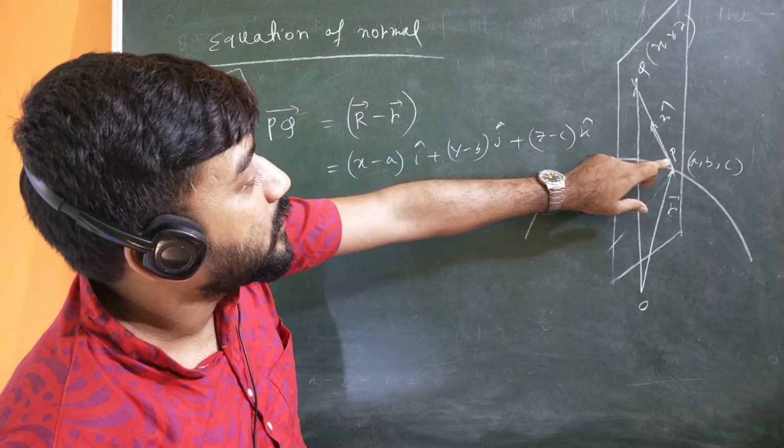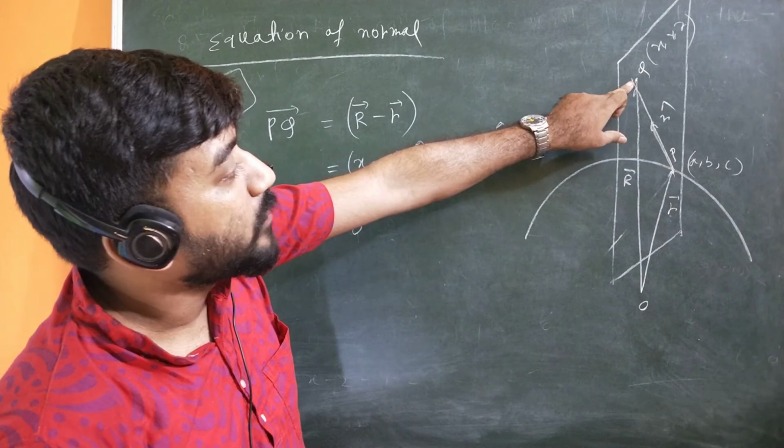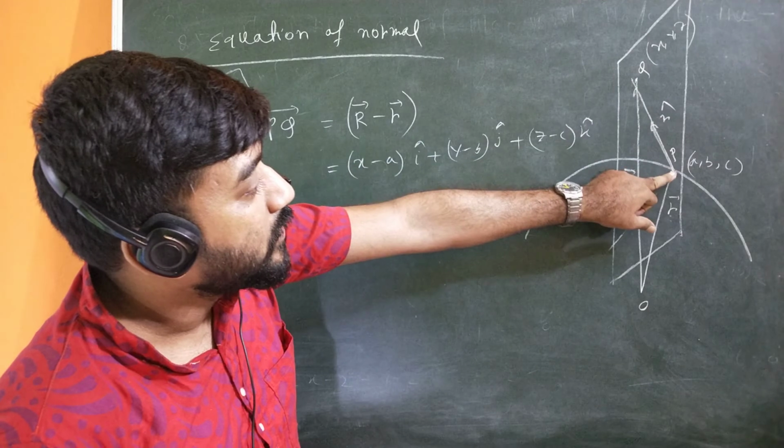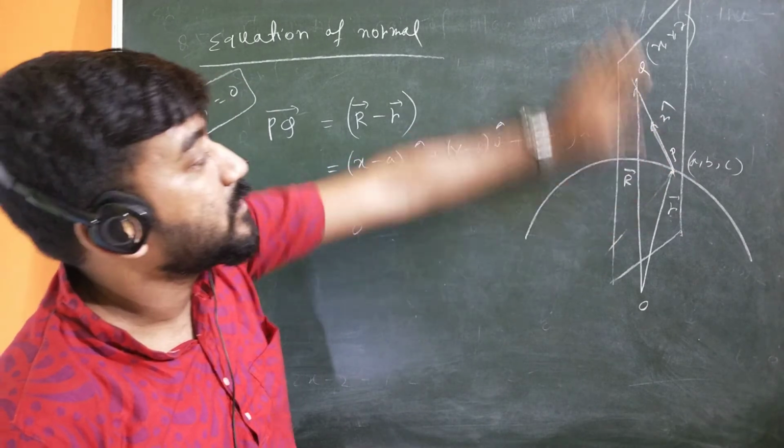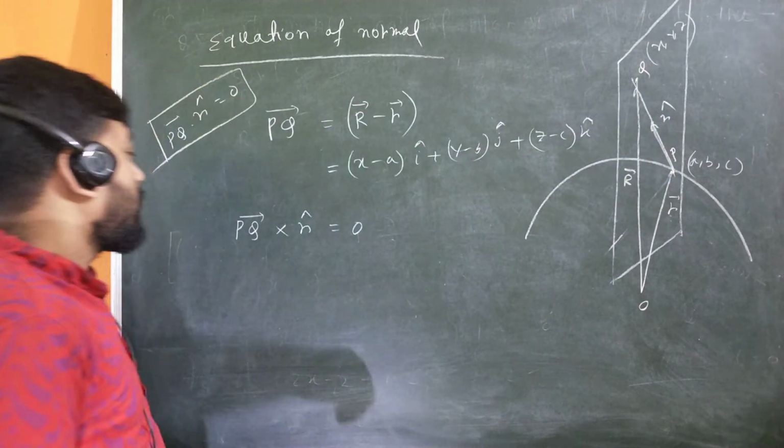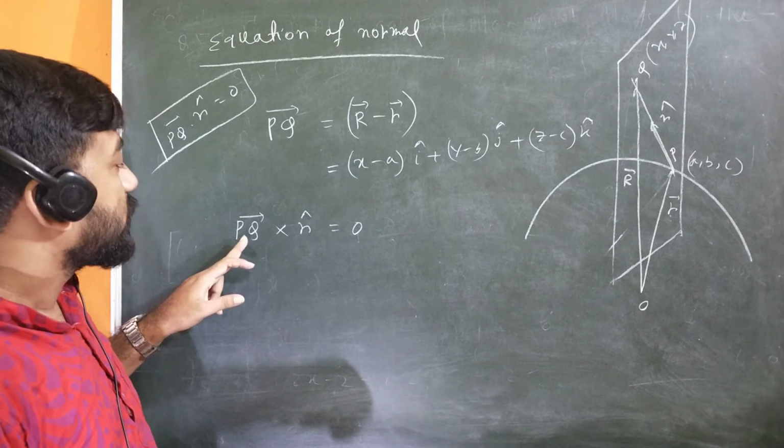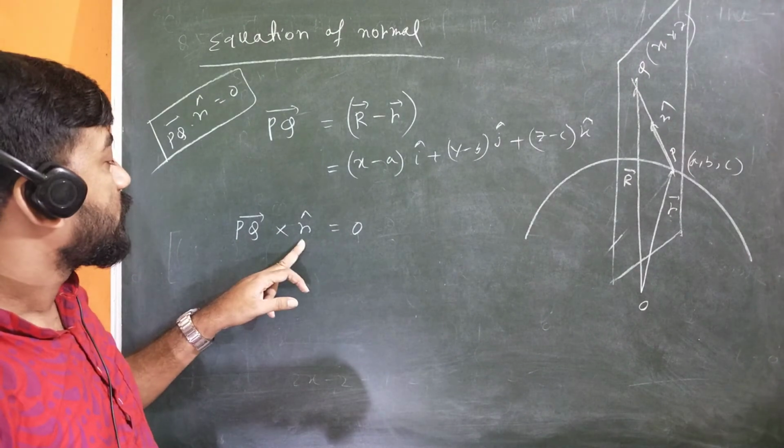So on this plane PQ is also normal to the surface, and on this plane N cap will also be normal to this surface. That's why the angle between PQ and N cap is 0, so the cross product will be 0.